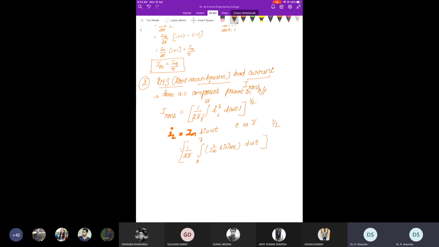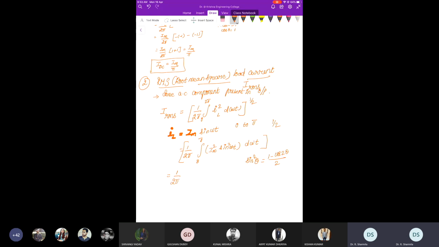Can anyone tell me the formula for sine squared theta? In trigonometry you have studied how we can write sine squared theta: 1 minus cos 2 theta by 2. So now just substitute.